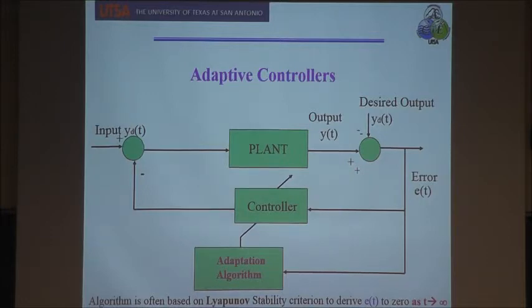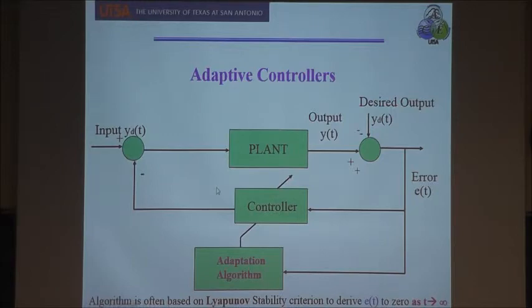Coming to your rescue is adaptive control. Adaptive control, as you see, is an additional block diagram here, which looks at the stability of this control system, let's say based on Lyapunov approaches. Those of you who are undergraduates are not familiar, but the graduate students already know Lyapunov stability.